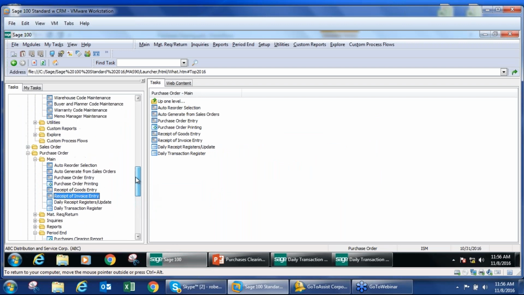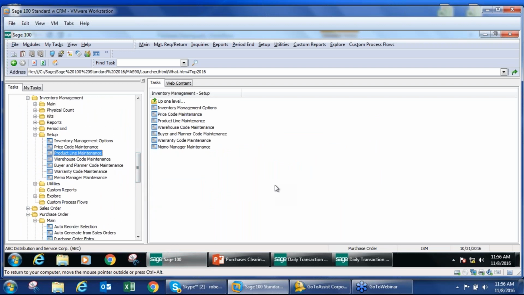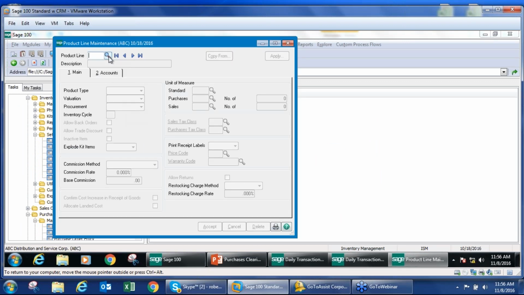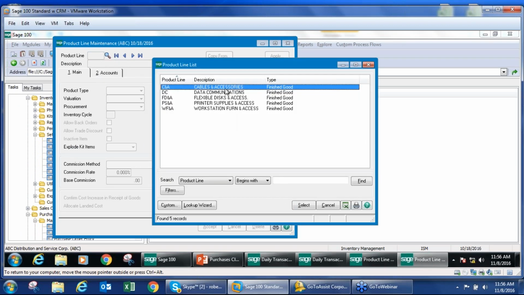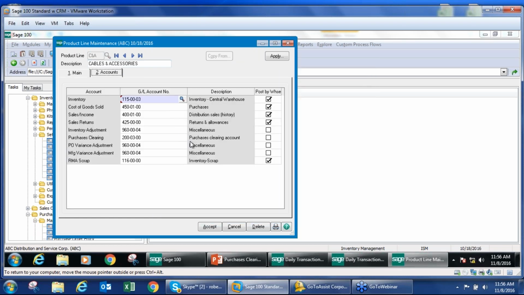Now, if you recall, when we configured our product line, there's also an entry for PO variance adjustment. This is the account that gets debited or credited when the receipt of goods / receipt of invoice price is different. So understand that this is where it's posting.